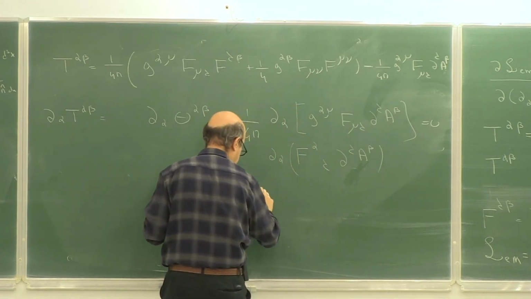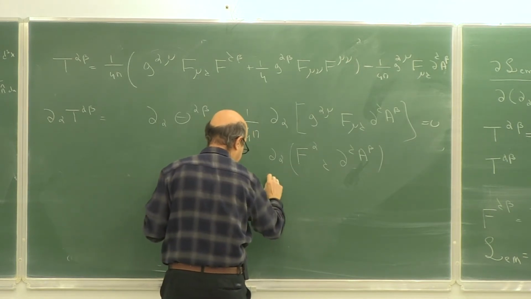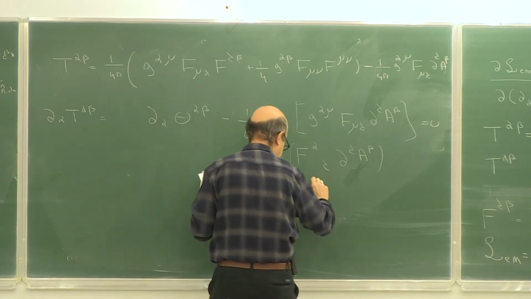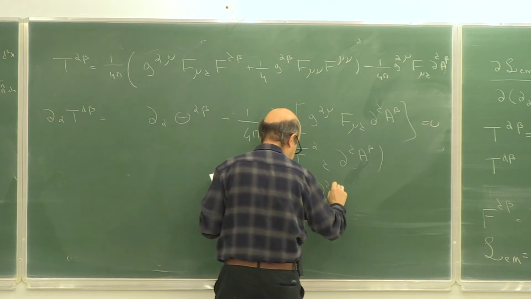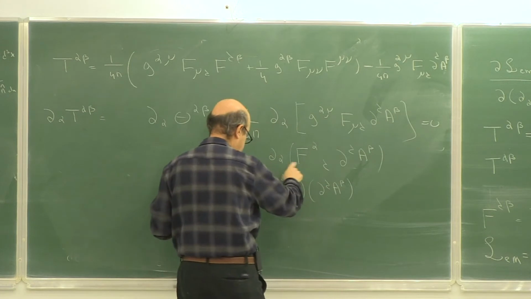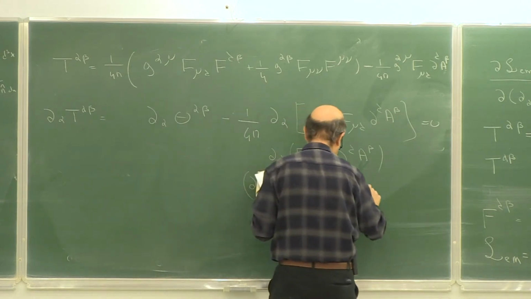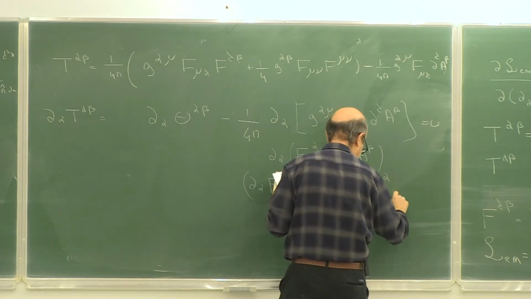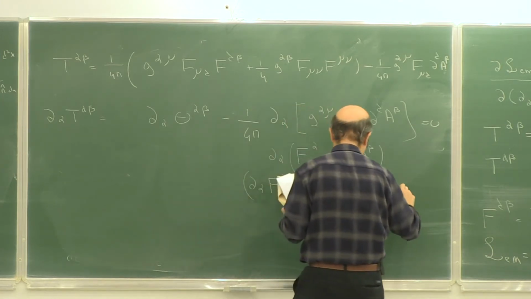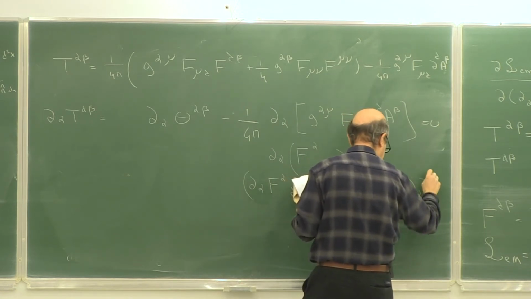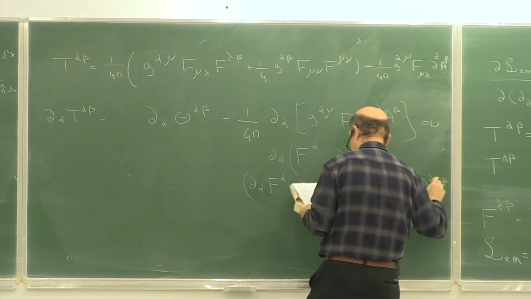The derivative of the first one, del alpha f alpha lambda times del lambda A beta. And this is the derivative of the first one. Derivative of the other one will be what? f alpha lambda del alpha del lambda A beta.